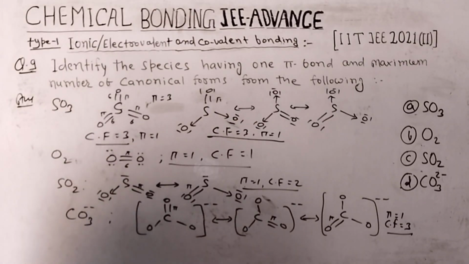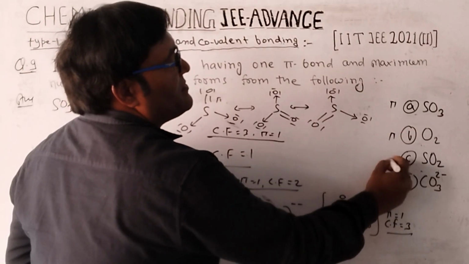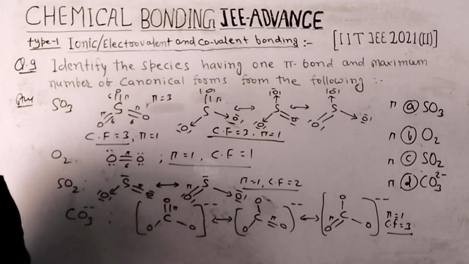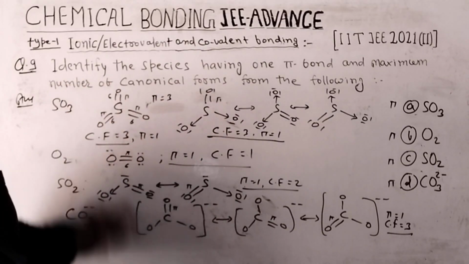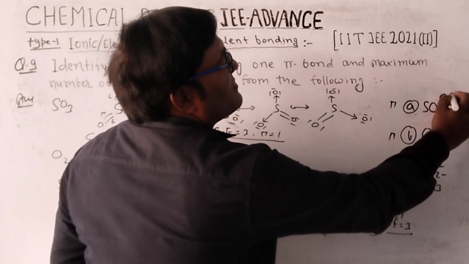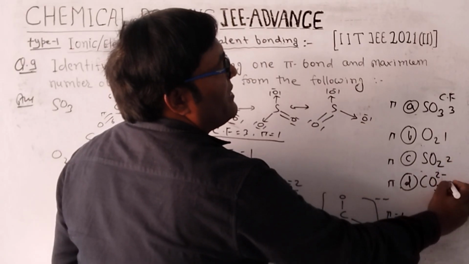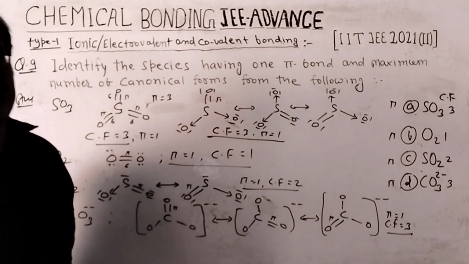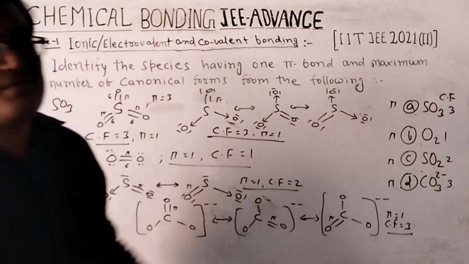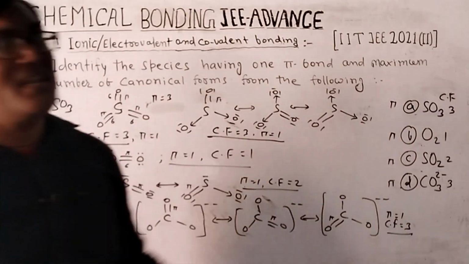In all cases there is a single pi, so 1 pi is present. But in case of maximum canonical structures, we can observe easily that the value of CF is 3 here, 1 here, 2 here and 3 here. So which one is correct? We can compare option A and option D. Pi is single but canonical forms are 3 and 3.